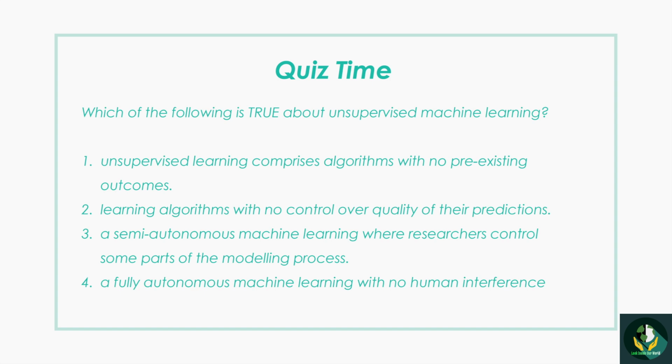A semi-autonomous machine learning where researchers control some parts of the modeling process. Number 4. A fully autonomous machine learning with no human interference. The correct answer for this question is choice number 1. Unsupervised learning comprises algorithms with no pre-existing outcomes.